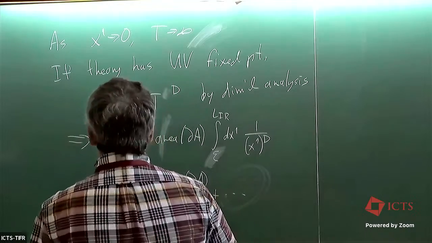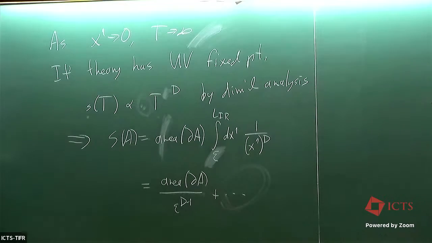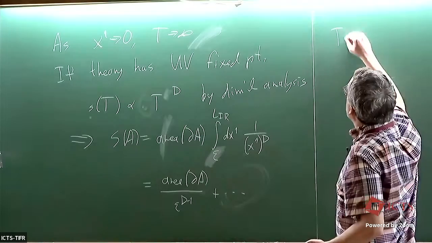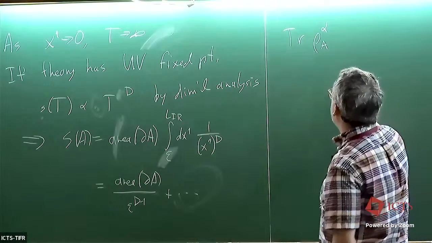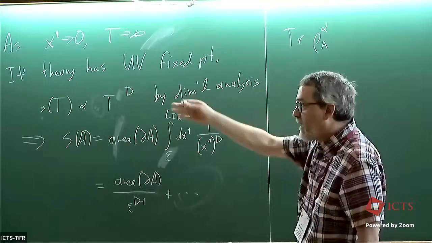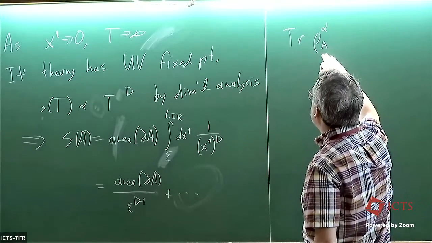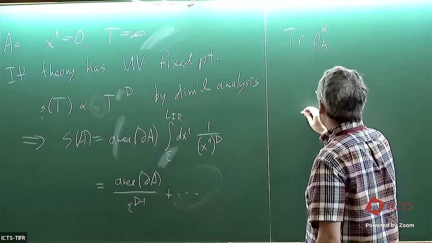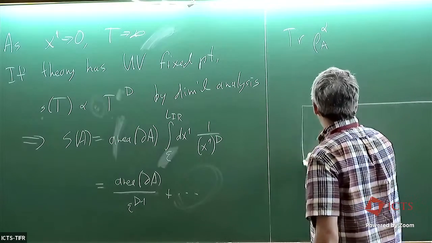Let me, to bring everybody else into the conversation, just mention the replica trick in this setting. The replica trick calculation proceeds by computing trace rho to the alpha, if you recall. And how do you compute this, let's say for Rindler space or for our situation? Well, you have to write down what the state is. If you're doing the vacuum, you get the vacuum state by doing a path integral over, let's say, the lower half plane.